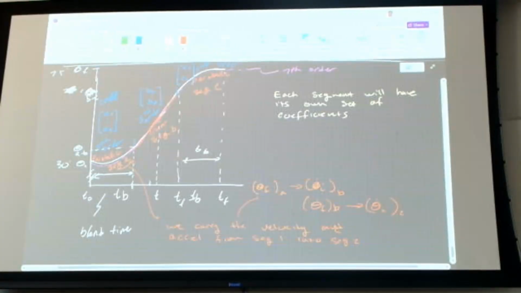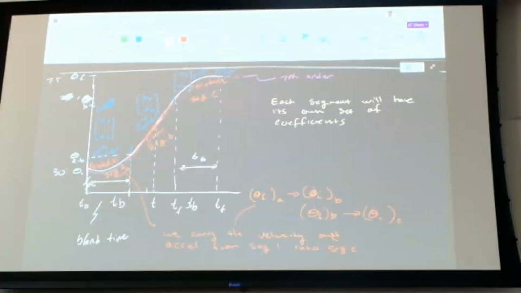But what we do need to do as we define the segment regions, we need to ensure that we have ample time.